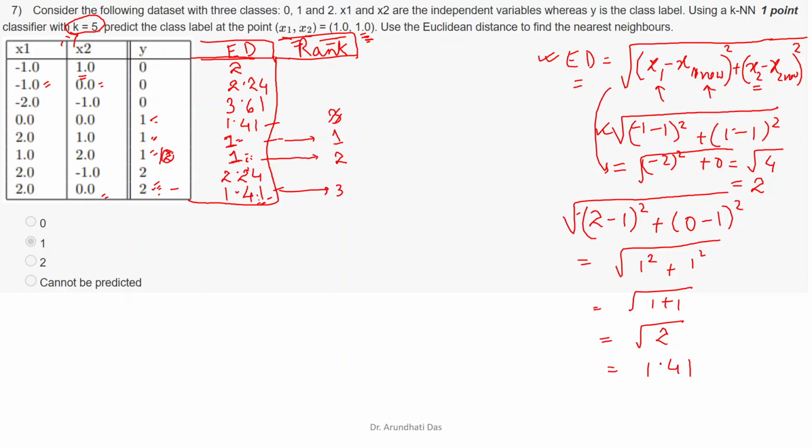But if there arises any such conflict, the criteria for which one we should choose will be given in the question itself. But luckily for this question I have to consider k equal to 5, so it will not affect much, right?